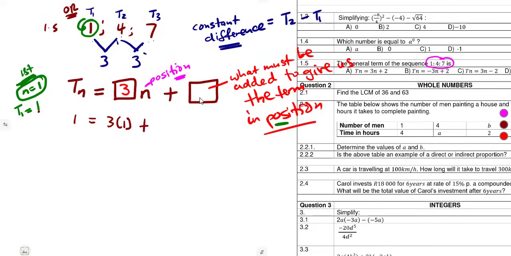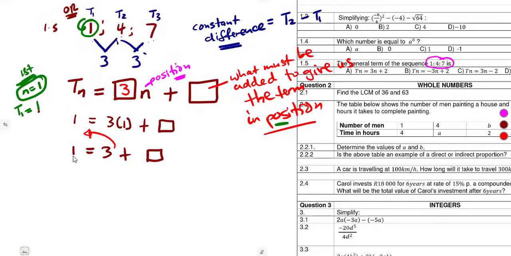Plus, what must be added to give us the term? What are we supposed to add? We do not know. So that's 1 is equal to 3 times 1, which is 3, plus what we do not know. So we are supposed to find this. How can we find this? Just take this to the other side.